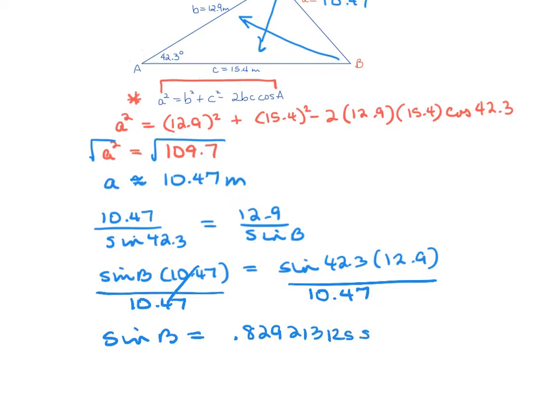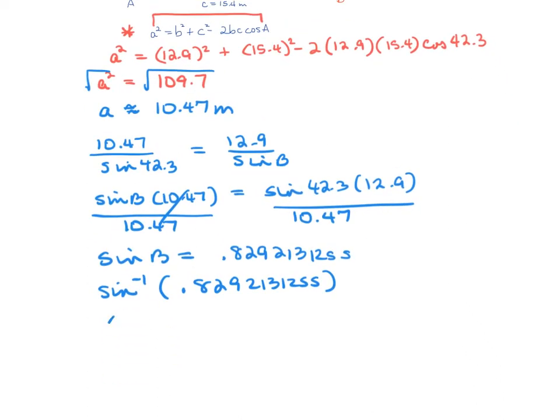Again, I'm looking for an angle measure, so I'm going to do sine inverse, put this decimal in, hit enter, and angle B is equal to 56.01, so I'll round it to 56.